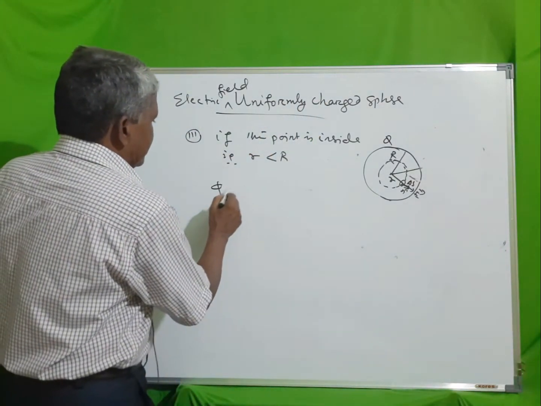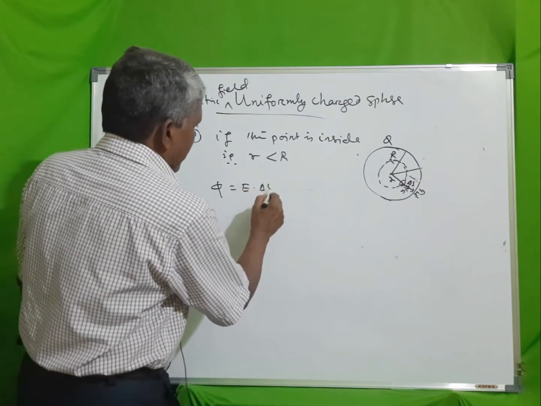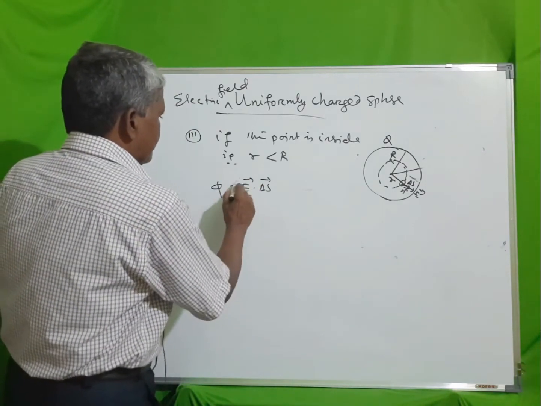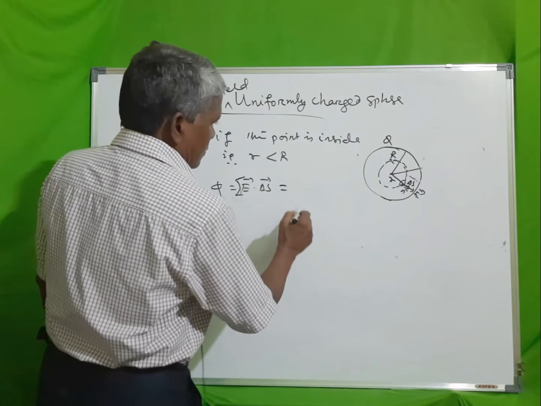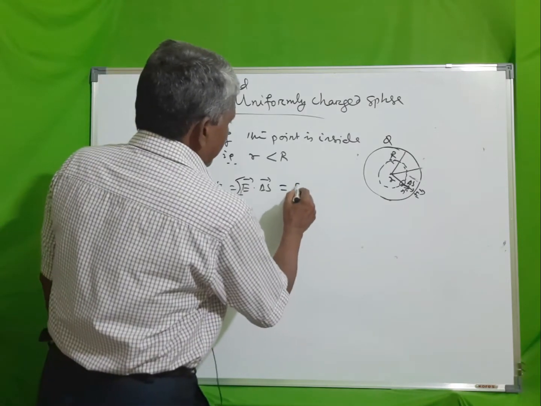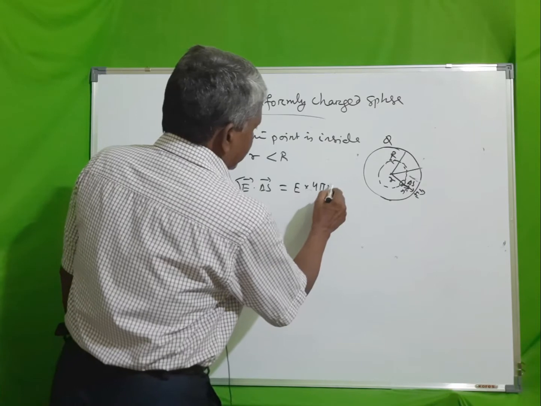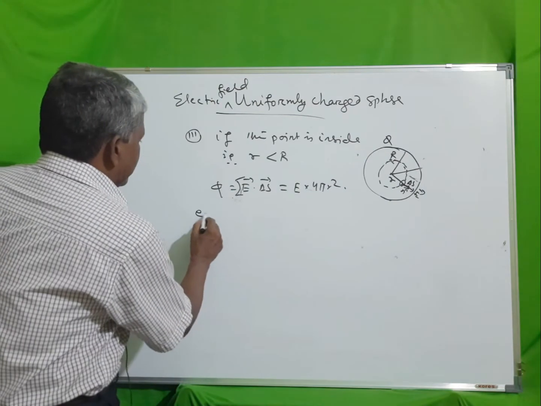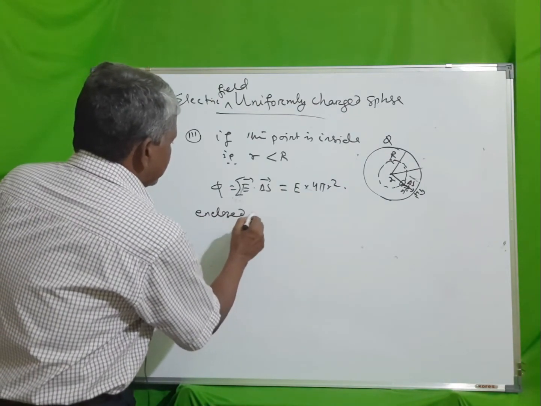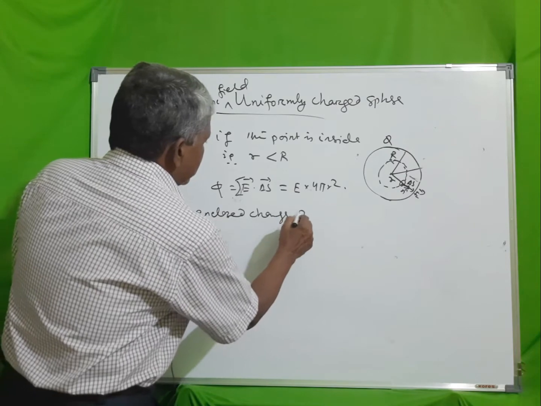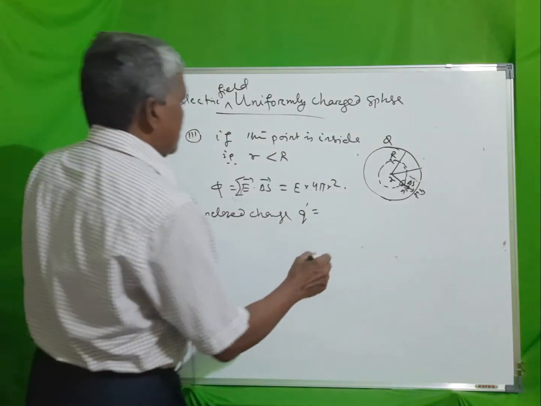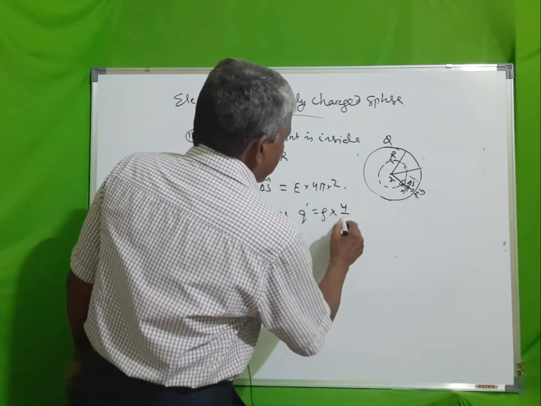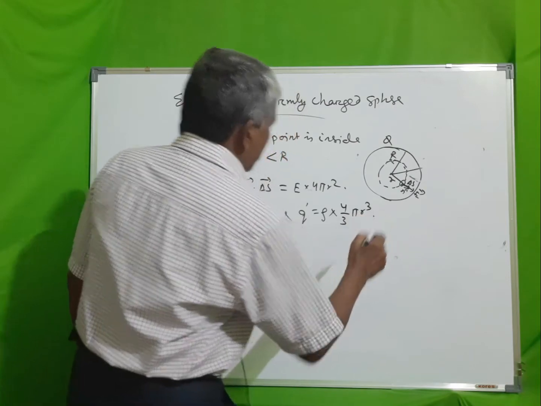Electric flux phi is equal to E dot delta S, which is equal to E into 4 pi r square. The enclosed charge Q dash is equal to rho into 4 by 3 pi small r cube.